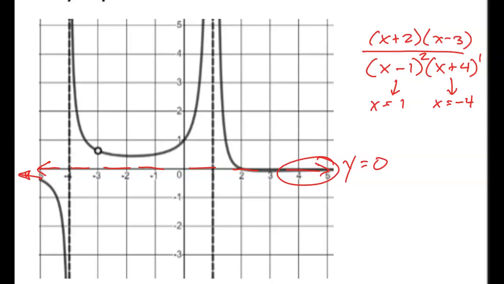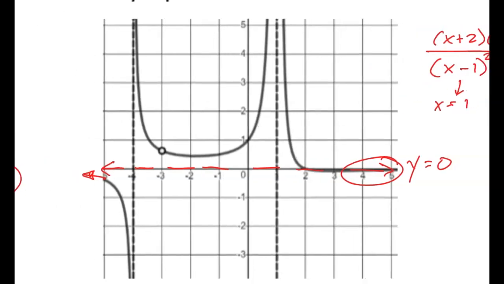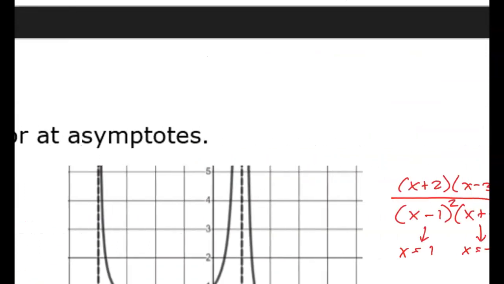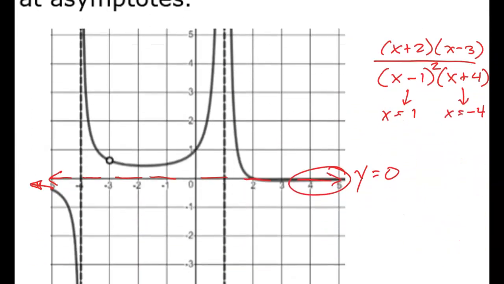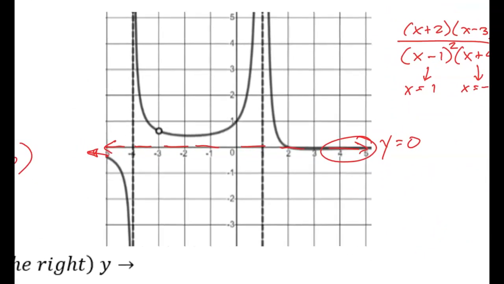Now, we need to be able to describe the behavior approaching these asymptotes. Notice how you can approach the asymptotes coming from two different directions. You can come from the left or you can come from the right. Let's look at which one first? The -4. Coming from the negative direction, so coming this way, towards our asymptote, what's happening to the y value?